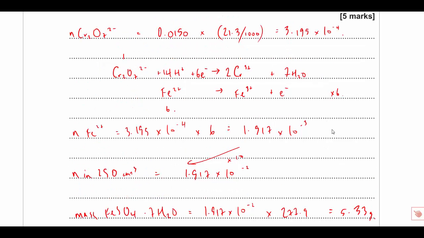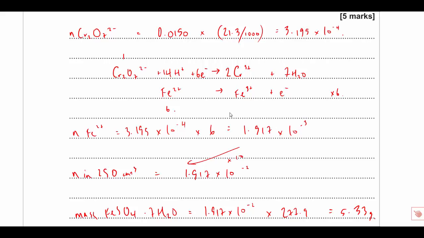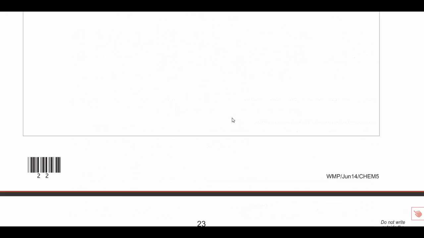Actually, it's not too bad a question. A bit tricky though, because you've got to stick that in the middle there, and they don't give you a lot of detail about that. But 5 marks, not too bad.